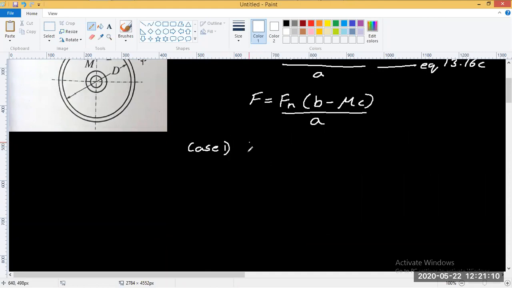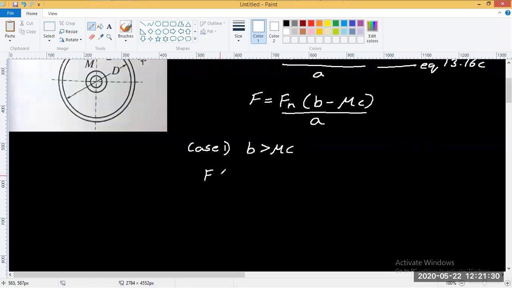Case one is where b is greater than mu times c. So what happens in this case is your b minus mu c will be positive, right? So if it is positive, this whole thing is positive, which means you would need some finite amount of force to be applied. So let me write that also.